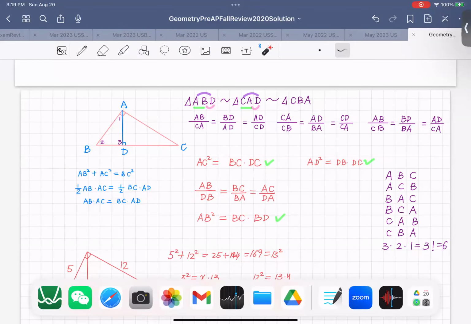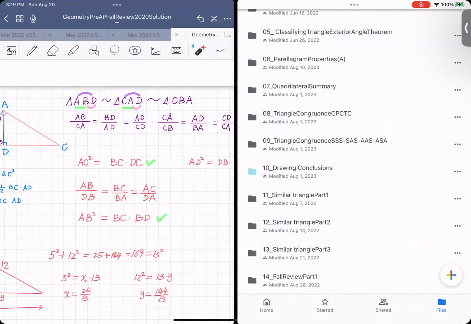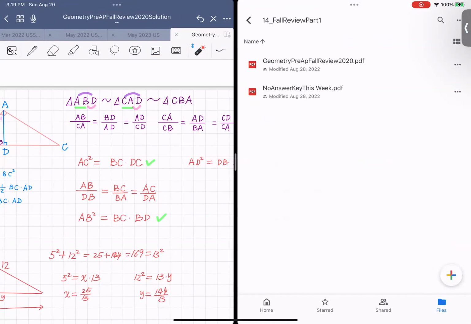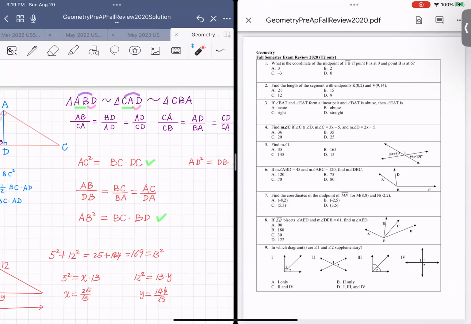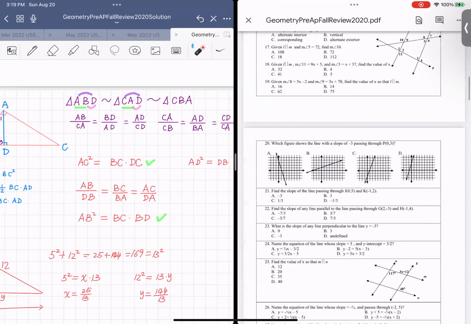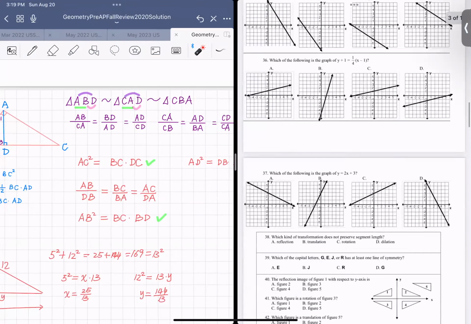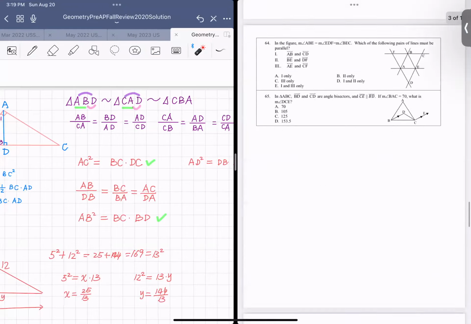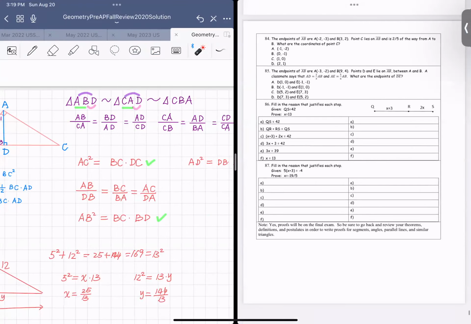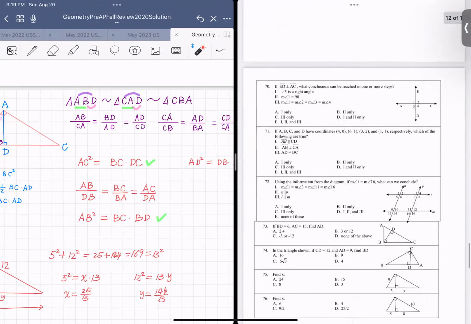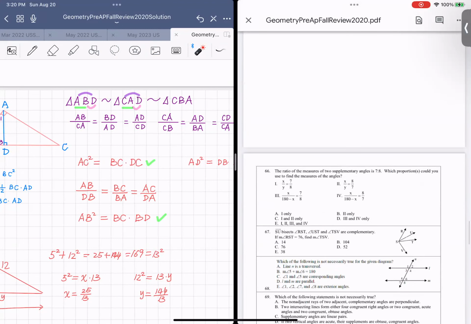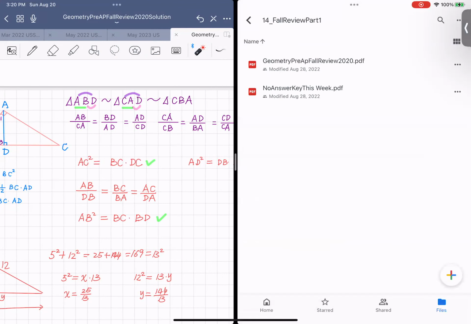So here, look at this. I already attached every single question. This is like 15 pages. This week, please do as much as you can. If you can do most of them, that's even better.